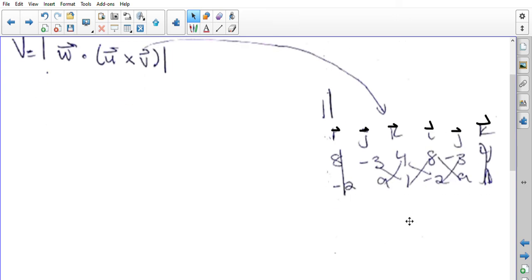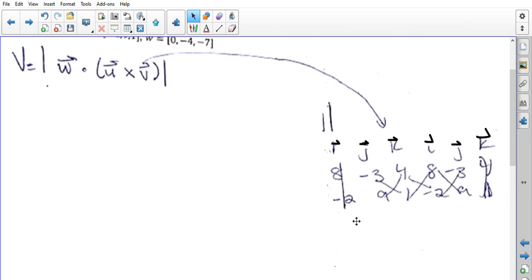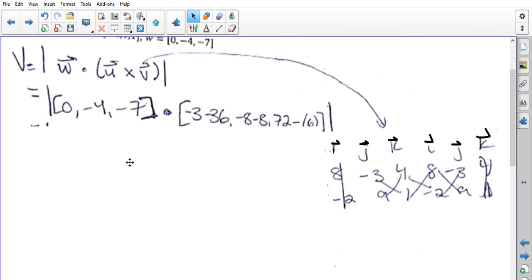Then we cancel out the last 2 columns and start doing the crisscross. Negative 3 times 1 minus 9 times 4, so negative 3 minus 36. 4 times negative 2 minus 1 times 8, so that's negative 8 minus 8. And then 8 times 9 minus negative 2 times negative 3, so that will be 72 minus 6.